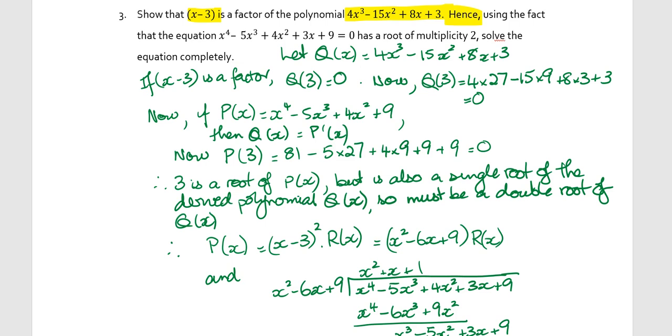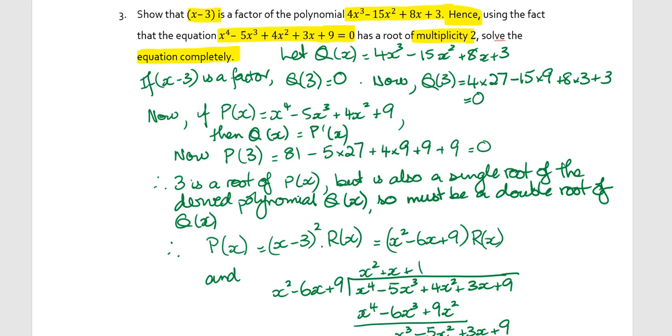Then, hence, using the fact that this equation has a root of multiplicity 2, solve the equation completely. So there are a few bits of terminology to get our head around there, and a pattern to look for.